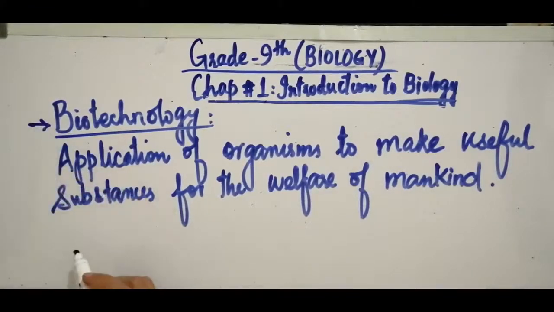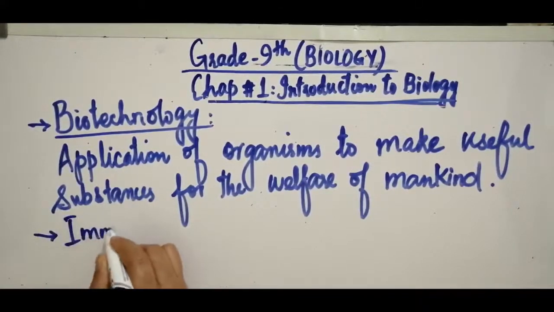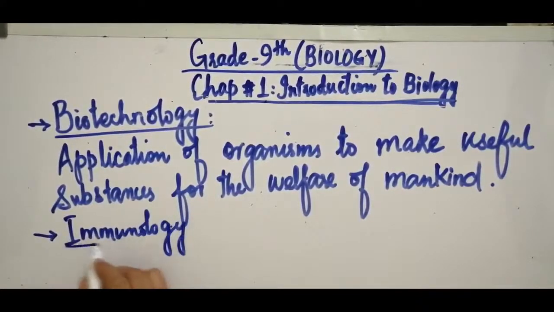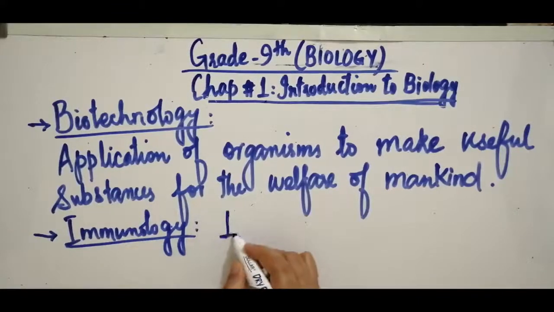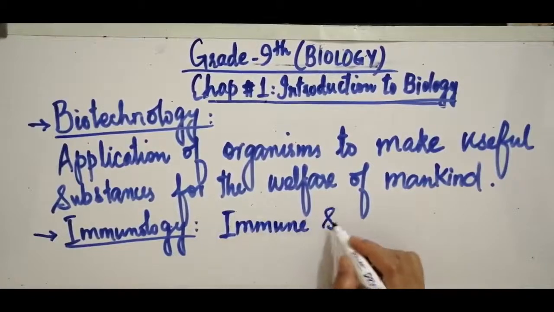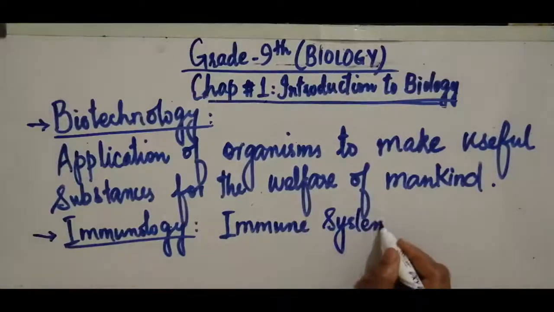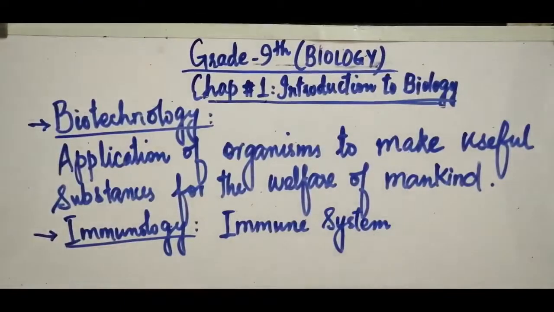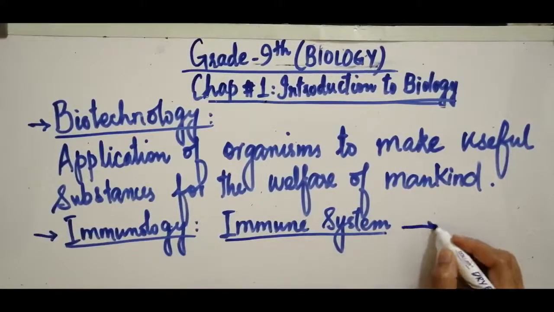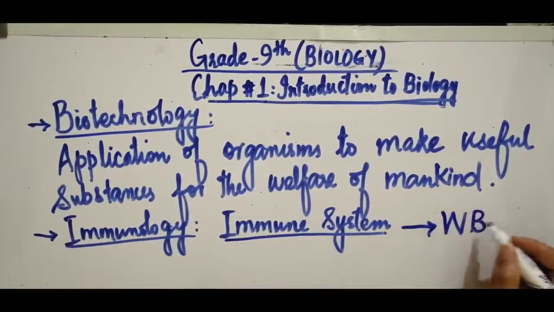Along with it, now I am going to discuss the next branch of biology, which is immunology. The word immunology comes from immune, and this means the immune system of animals, which is not found in plants. This immune system depends upon the presence of white blood cells, or WBCs, in our body.